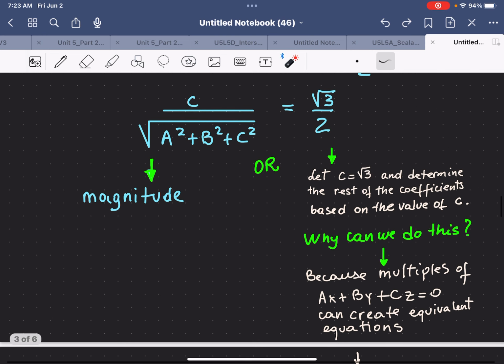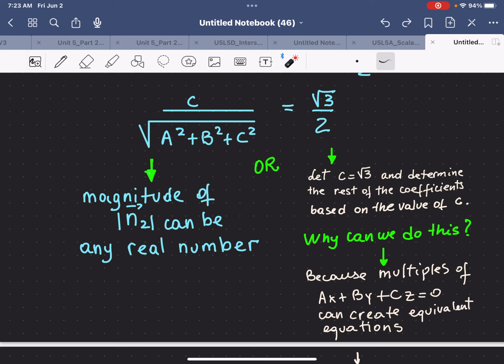Another method that we can use is by letting the magnitude of the normal be equal to any number. And in this case, the easiest way to do this is by letting the magnitude be equal to some number like 2.